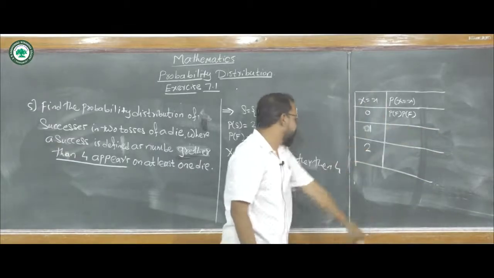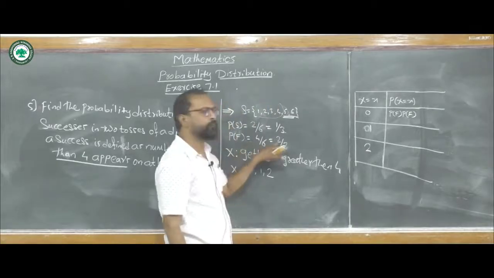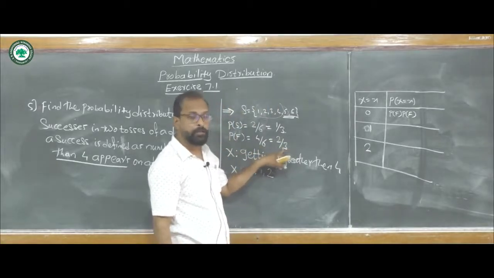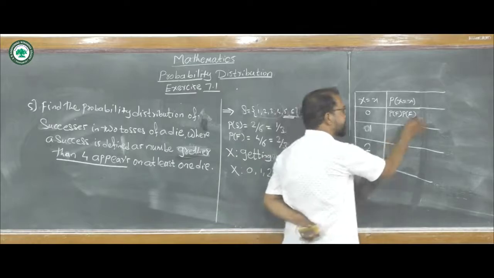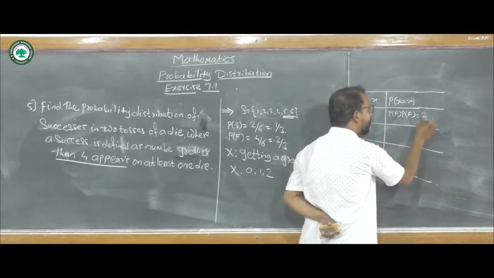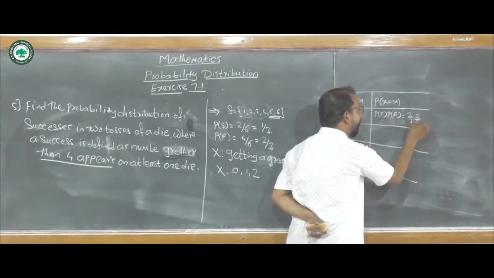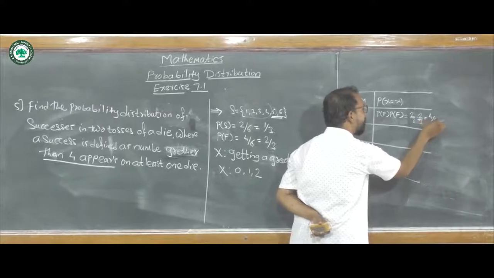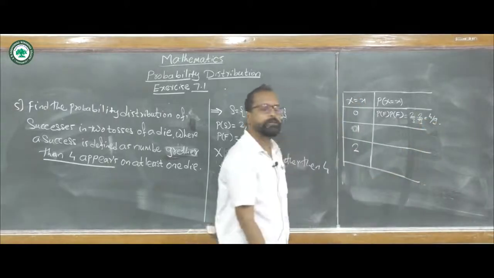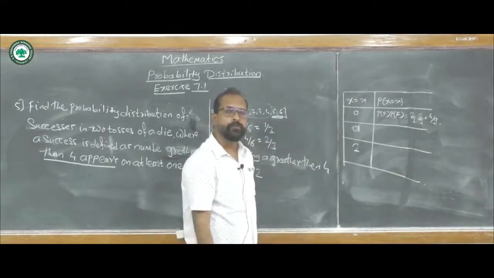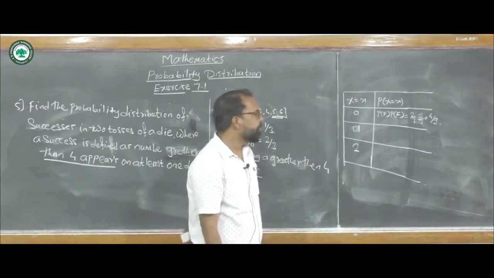Now the probability of failure we find here is 2 by 3. So this becomes 2 by 3 into 2 by 3, that is 4 by 9.